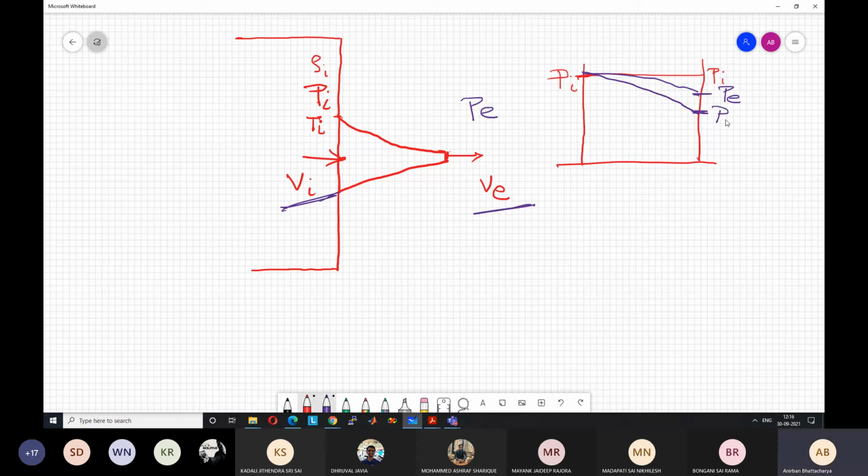So this is the new P, P equal to P1, P equal to P2. Mass flow rate will increase, right? You guys should respond when I ask a question. So mass flow rate will increase, exit velocity will also increase, right?